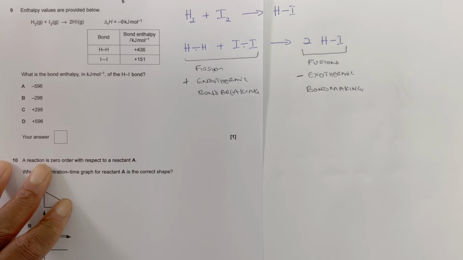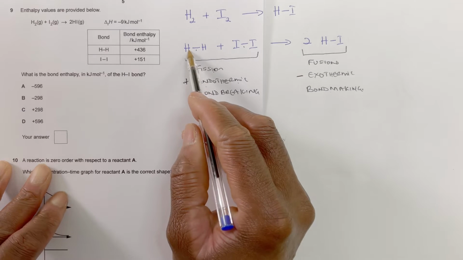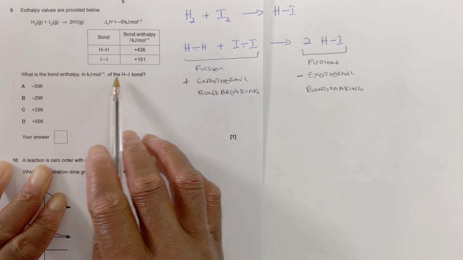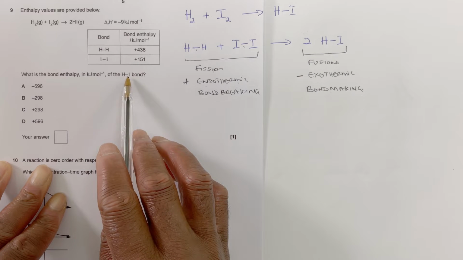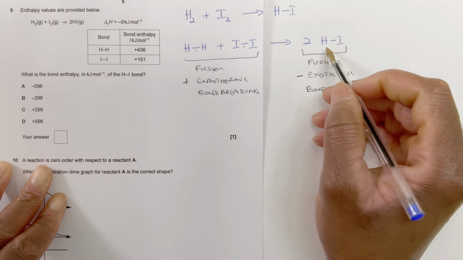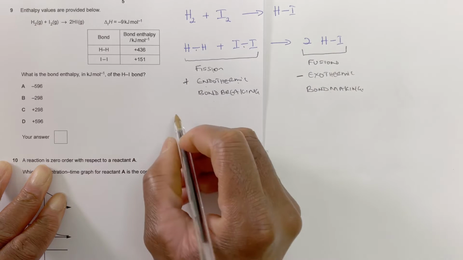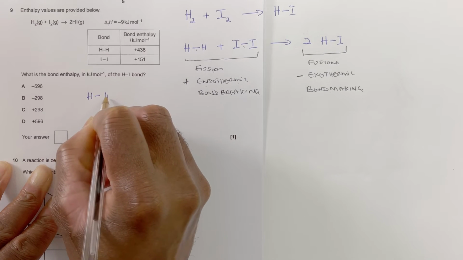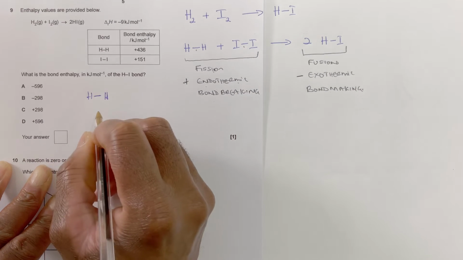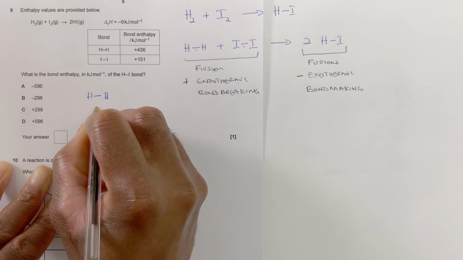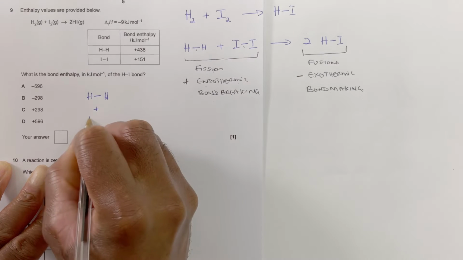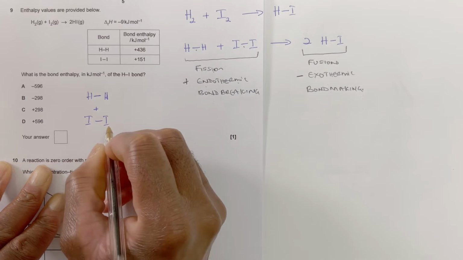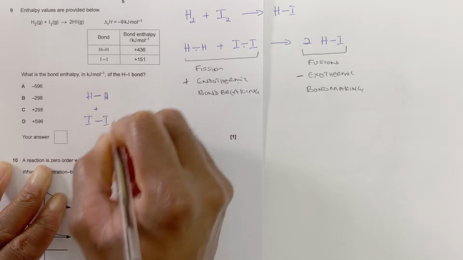So this question is asking us what is the bond enthalpy for hydrogen iodide. We don't know what the bond enthalpy is. We've got 1 H-H bond we need to break, plus we need to break the I-I bond, and so that will be positive.